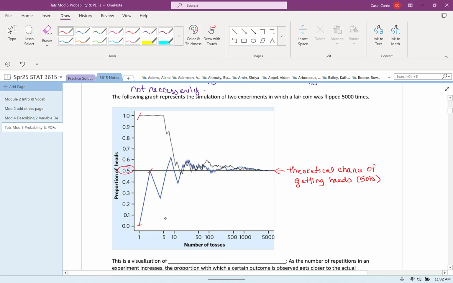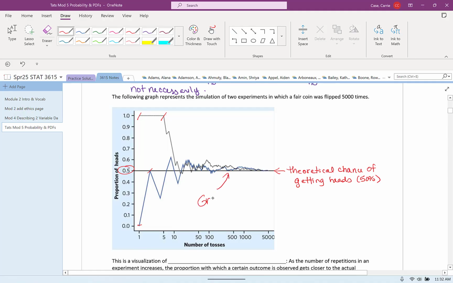And then I continued to get heads 5 times in a row, so the chance of getting heads was still 1 or 100%. Then finally, I started getting some tails, and eventually it calmed down. And by the time we get out to a couple hundred or a couple thousand flips of the coin, this graph stabilizes.